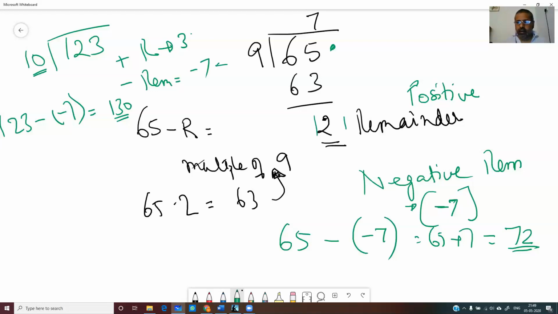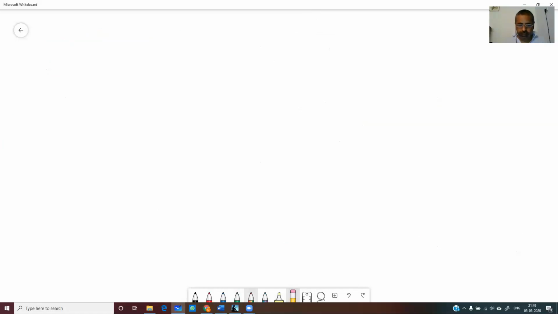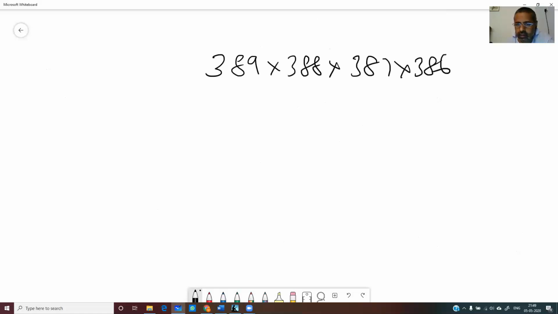For example, there are problems. I'll just solve a problem for you, which will help you to understand how the negative remainder becomes helpful. Let's take a number like 389 into 390 into 391 into 392 divided by 13.